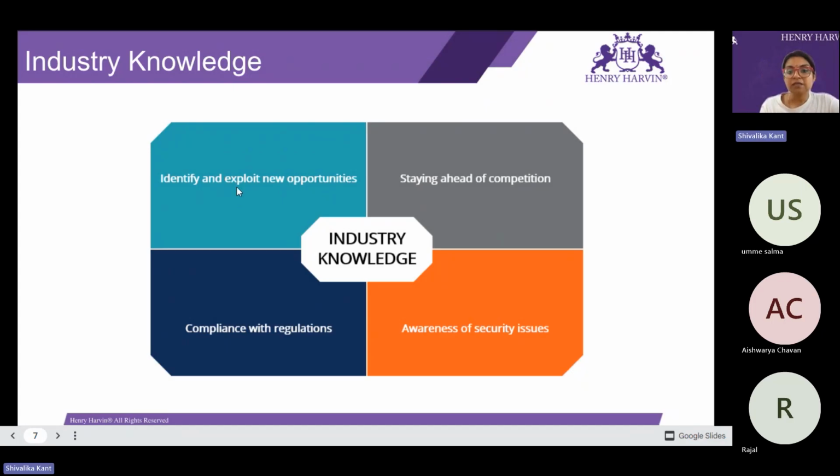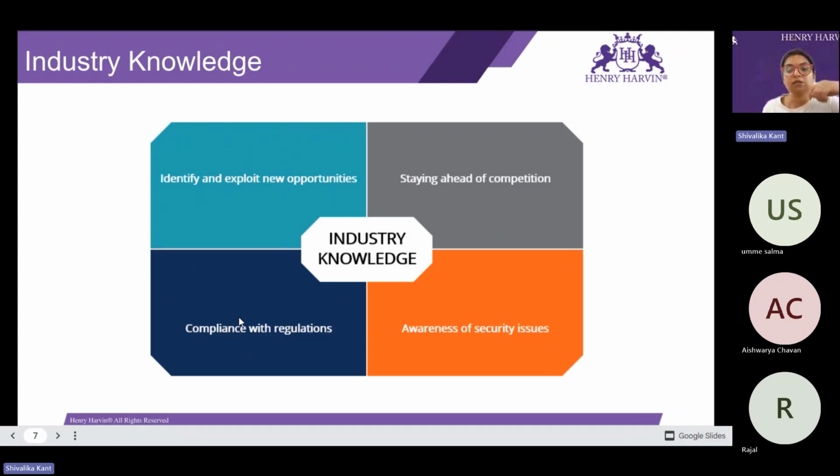Then we have staying ahead of competition. Industry knowledge allows businesses to monitor competitors' strategies, benchmark performance, and anticipate shifts in the market. By staying updated, professionals can adapt faster and maintain a leading position. This ensures long-term survival and leadership in the market.